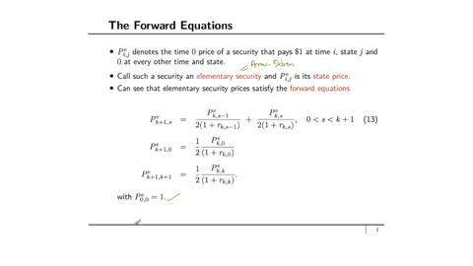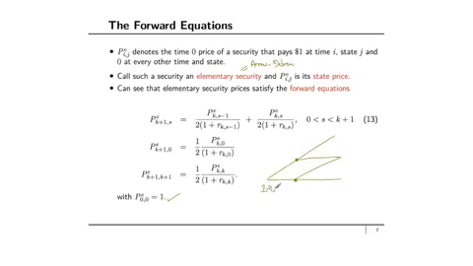So starting with this value, we can actually work forward in time to compute the values of the P_ij's at every node. For example, suppose this is our binomial lattice. Well, we start off with knowing this value, it is 1. And now we can use the forward equations to get the values at these two nodes. So this value here, 1, is equal to P_00.